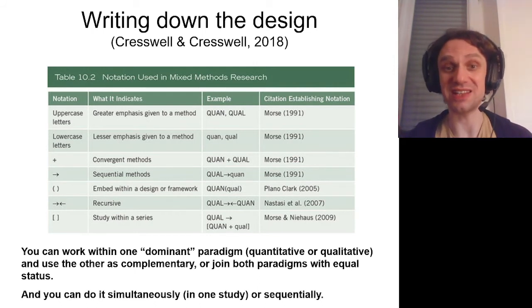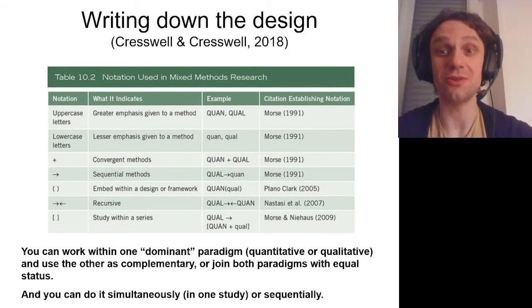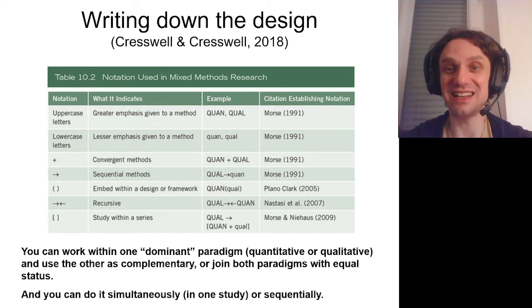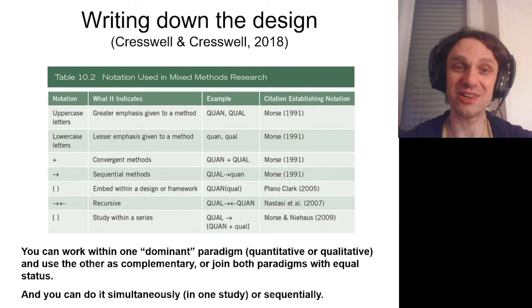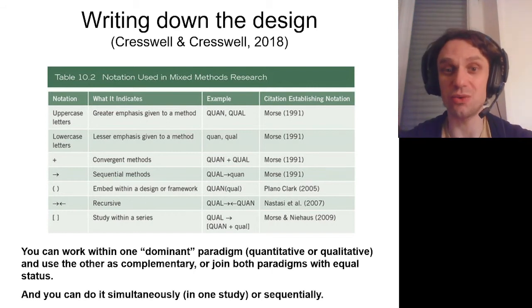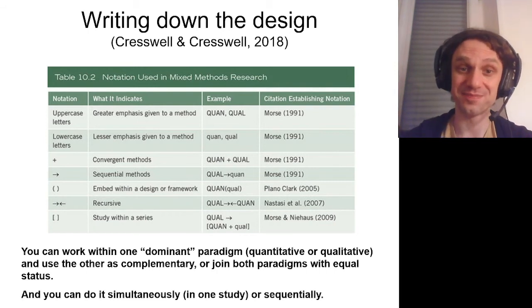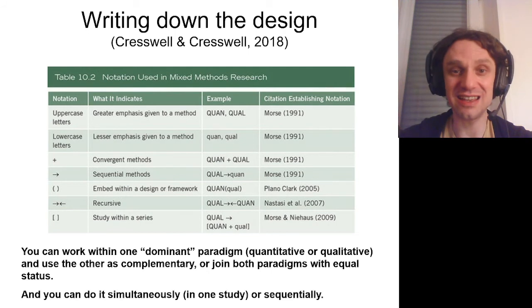If you have a paradigm that is dominant with respect to another, for example, you are doing mainly a quantitative study, but you also include a qualitative component, you can use uppercase letters and lowercase letters to reflect which strategy is dominant.